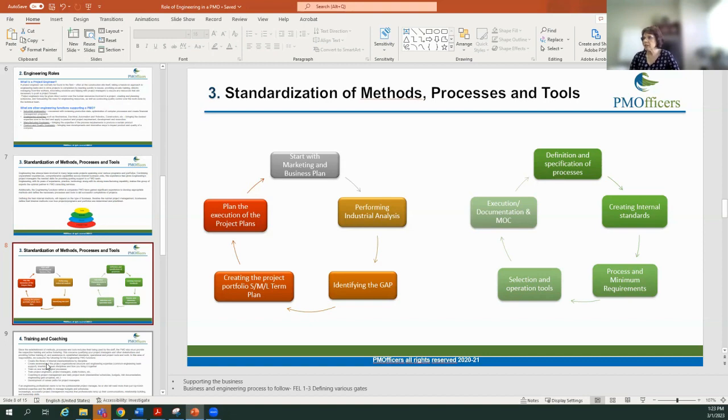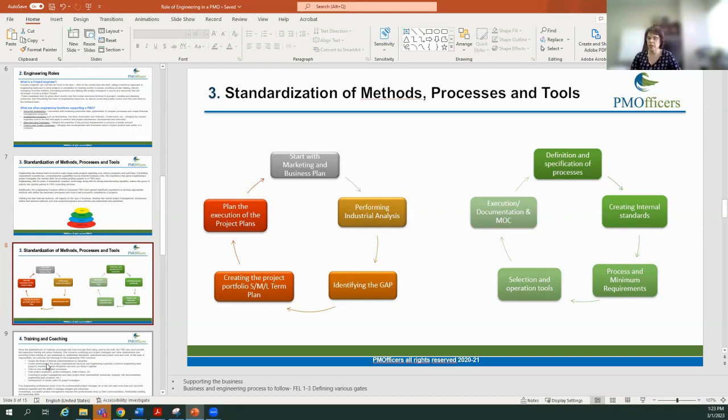Processing and minimum requirements are also very important, and these would come out as the expertise from our manufacturing engineering, selection and operation tools, and then execution and documentation and management of change.